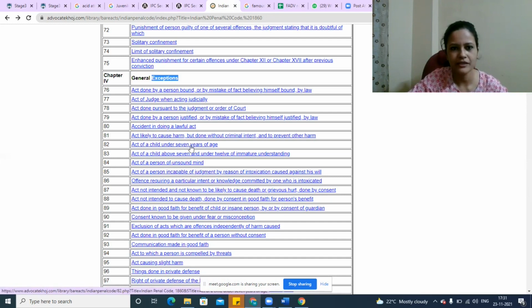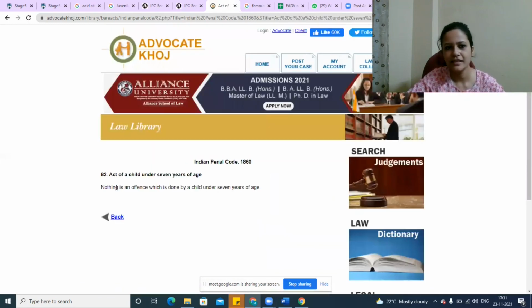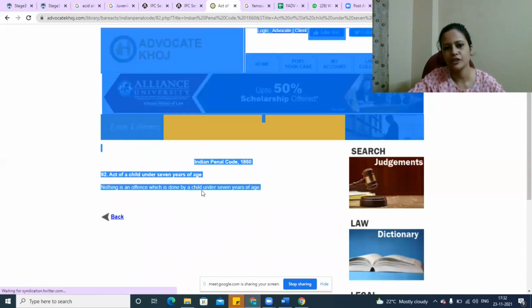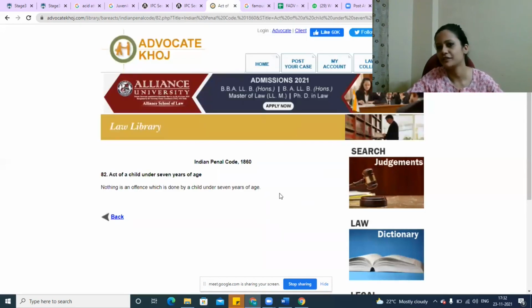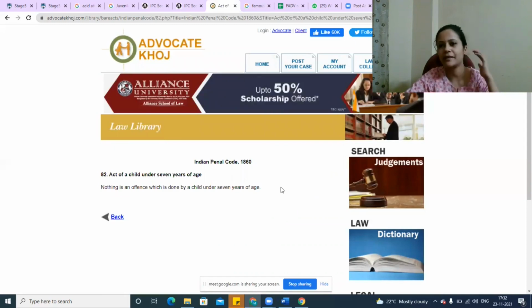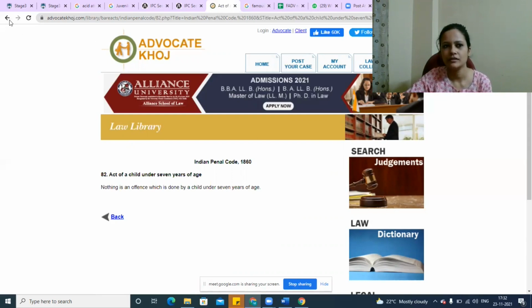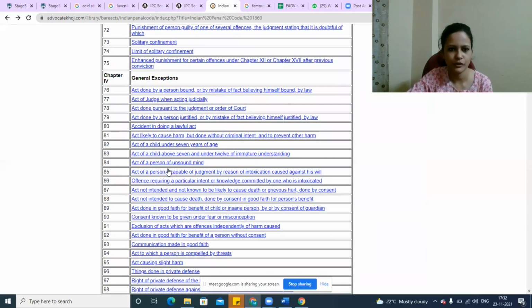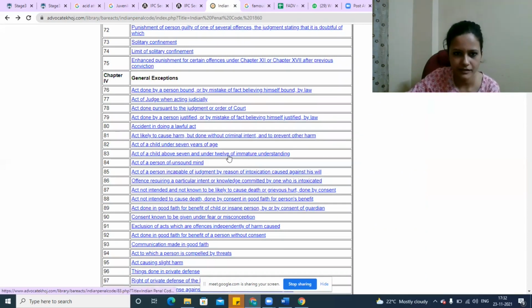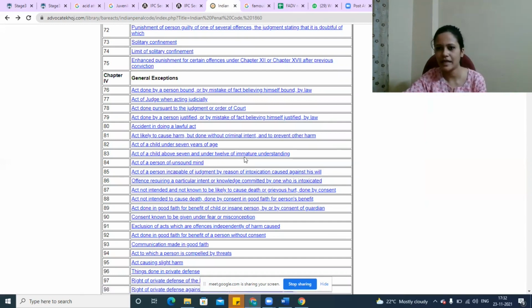It says nothing is an offense which is done by a child under 7 years of age, because they do not have that mental ability. Similarly, there are other provisions: what will happen if a child between 7 to 12 years commits a crime, and what will happen if a child between 12 to 18 years commits a crime. Like that, we have all the provisions in law.